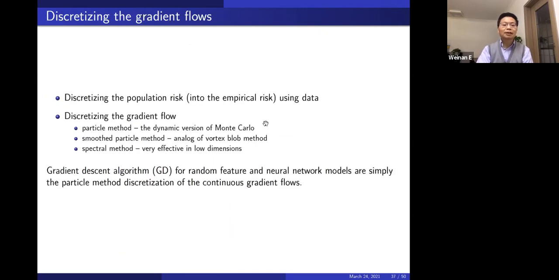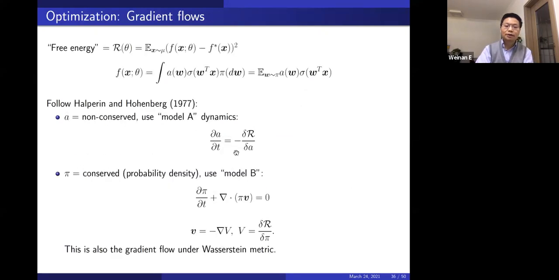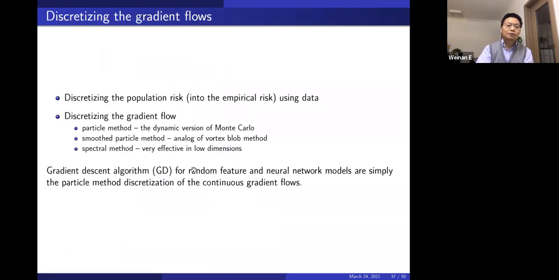How do we discretize? Well, we discretize the population risk into the empirical risk using training data. That's easy. The expectation becomes a finite sum. And then to discretize the gradient flow, this equation or this equation, we can use finite difference, finite element, or spectral methods.